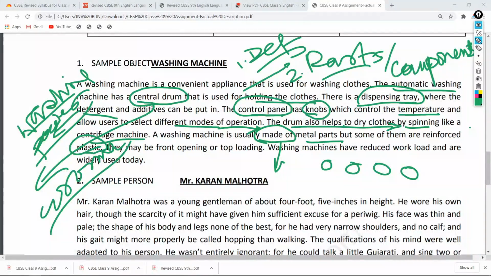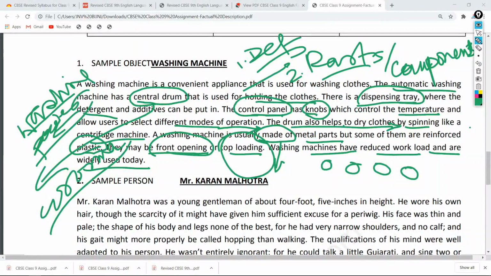They may be front opening or top loading, loading from the top, and there may be front opening from the front. Washing machines have reduced workload and are widely used today.